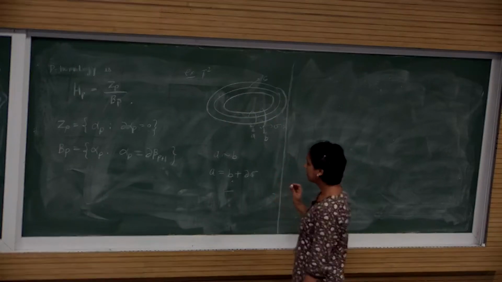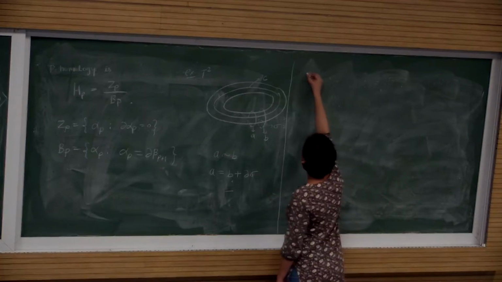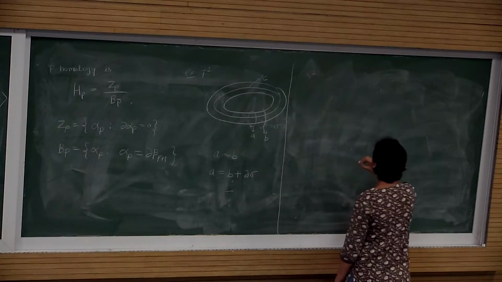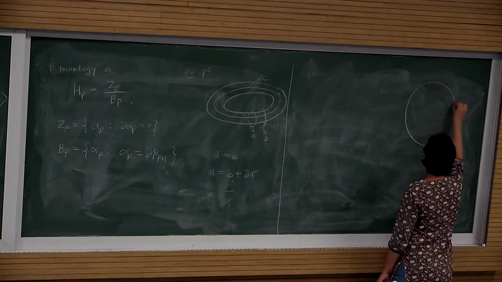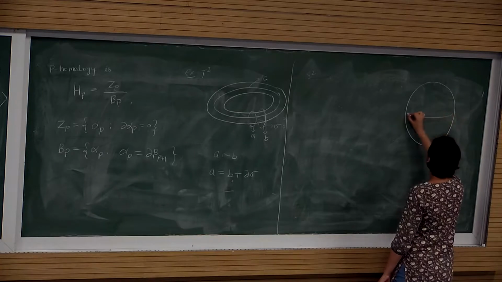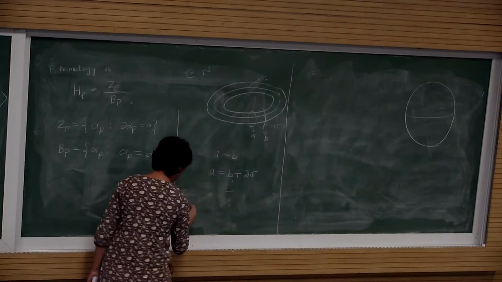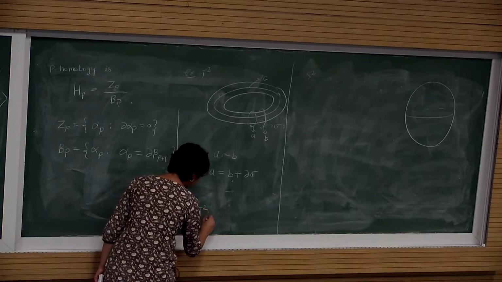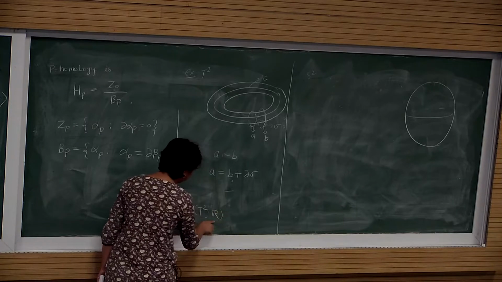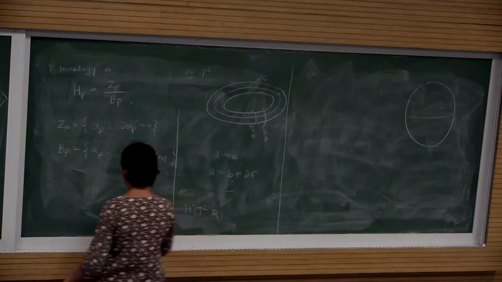We can take another example, let's say S2. But first, let me write H1 of T2 over R, where R denotes what we are taking the coefficients of the chains to be.